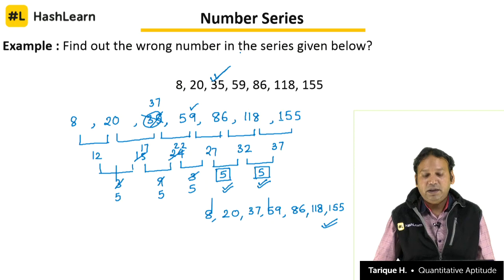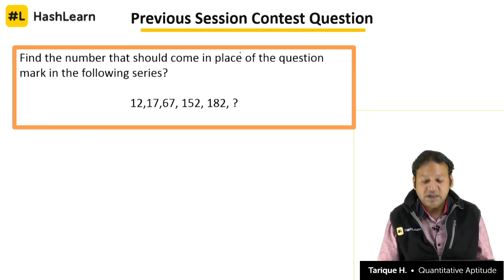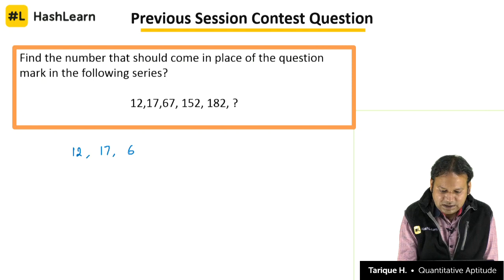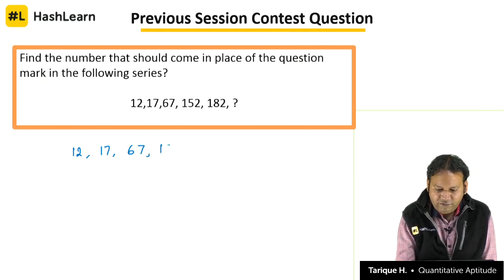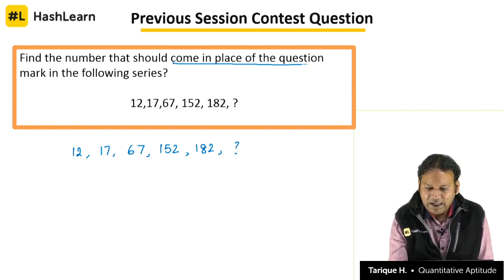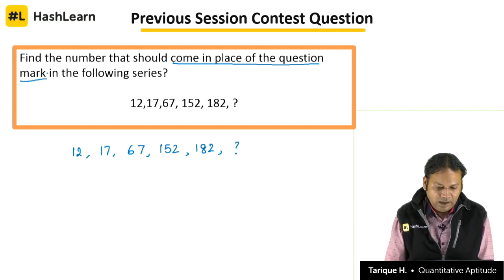Now let's look at the previous session contest question. What do we have in this contest question? We have numbers here 12, 17, 67, 152, 182, and then next is the question mark here, and we have to find out what will come in place of the question mark. This is not a wrong number series question.